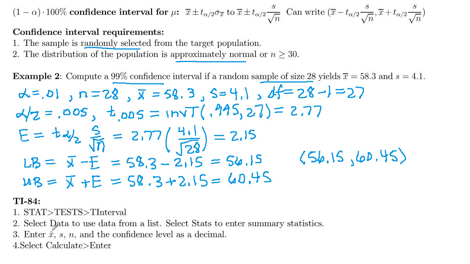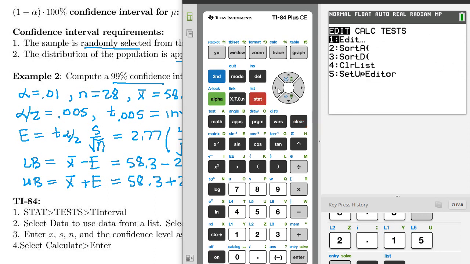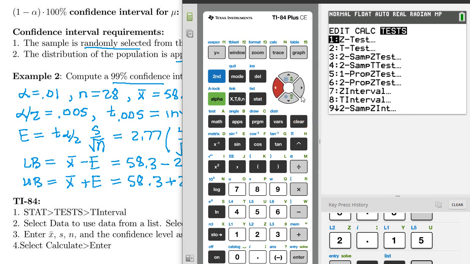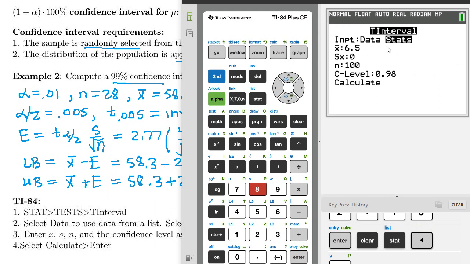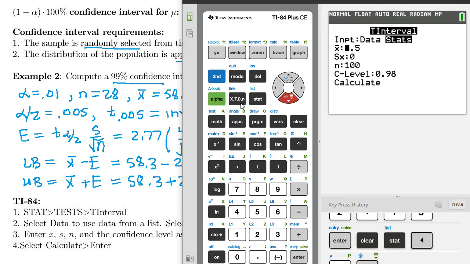Now, we can verify our work on the TI-84 calculator using the t-interval function. So to do that, we want to go to the stat menu, tests, and then t-interval is number 8. And we are using stats as opposed to the original data. So our x bar value was 58.3 and our standard deviation 4.1.